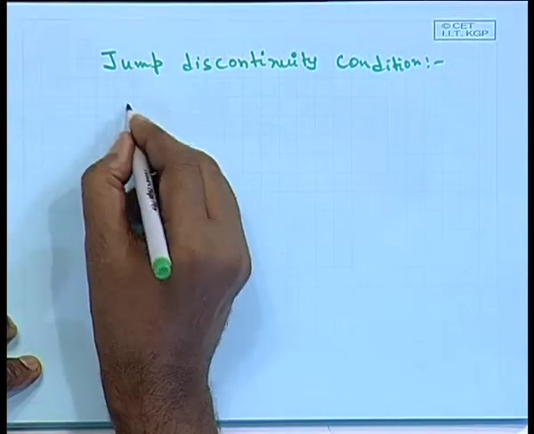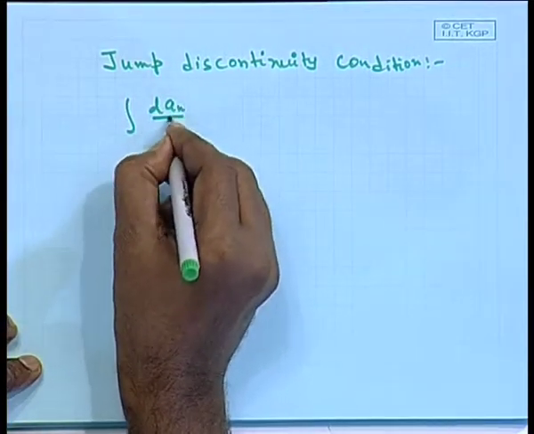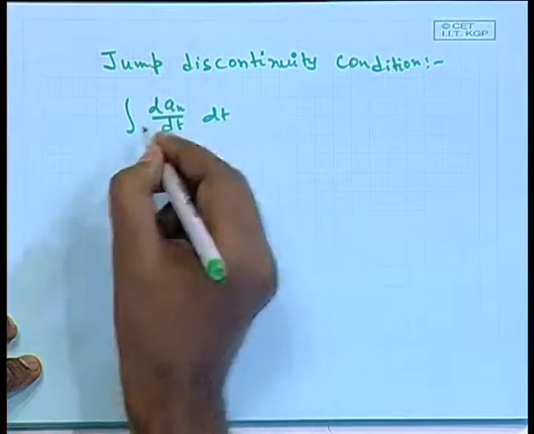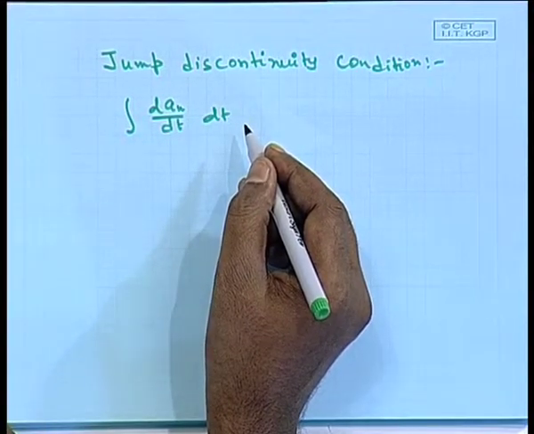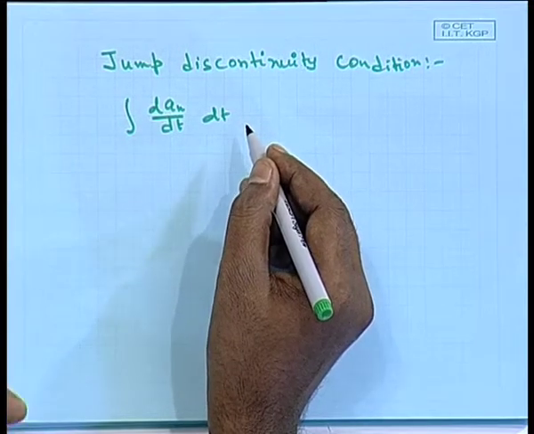So, you integrate the governing equation of a_n between t0 minus epsilon and t0 plus epsilon.